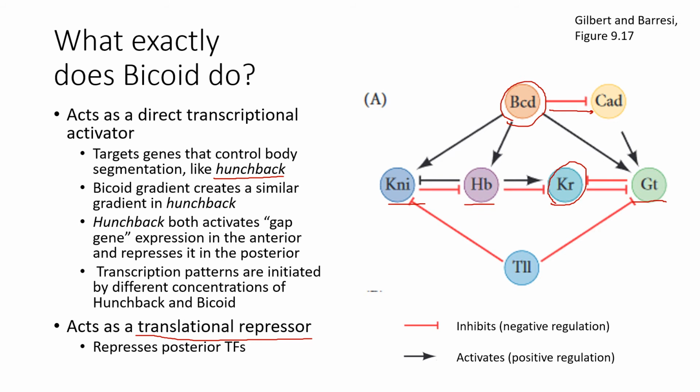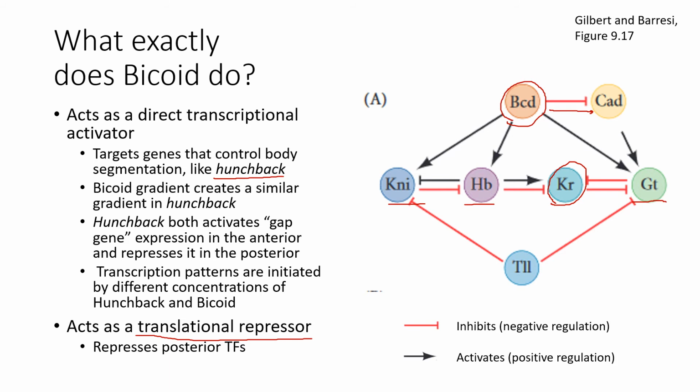So in the rest of the figure in the textbook, it expands on this, and you'll see that the hunchback protein, when it's at high concentrations, inhibits Krupel expression. But at moderate concentrations, it actually activates it. So you can see how a bicoid gradient would induce a hunchback gradient, which would create different levels of expression of this other gene, Krupel, at different locations along the embryo, along that gradient.